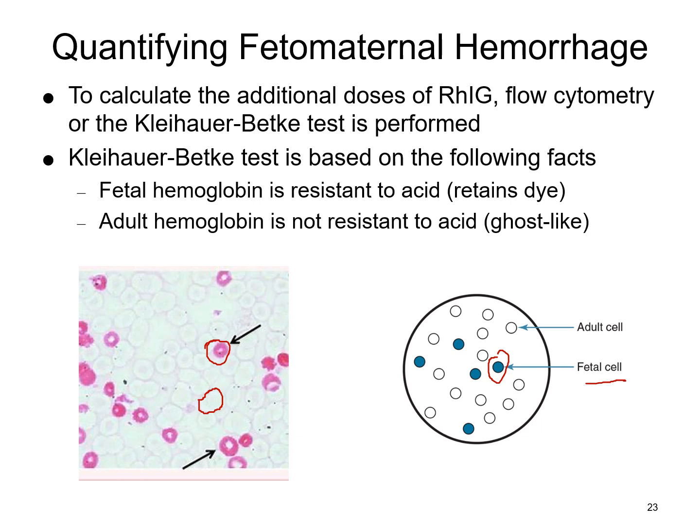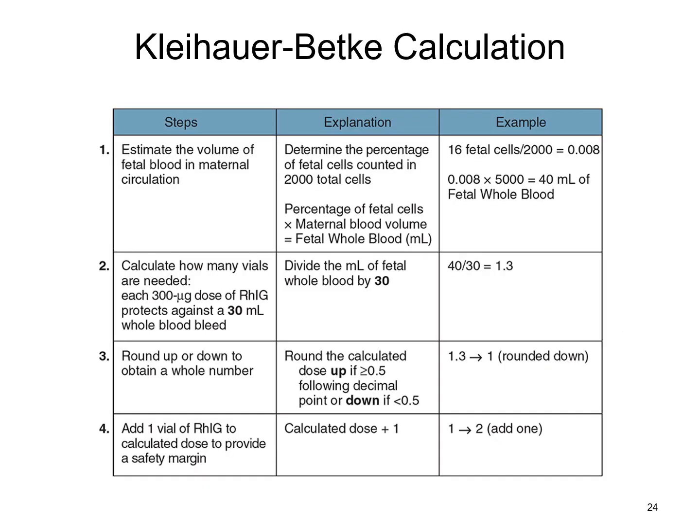So you're going to count these cells, you're going to count the number of mom cells in each field versus the number of infant cells until you reach a specified number. Let's go through this equation. So just depending on what your procedure says, they could say that you've got to count 5,000 cells, 2,000 cells, 1,000 cells. You're going to have to go by what your facility says. But what you're doing is determining the bleed that's taking place.